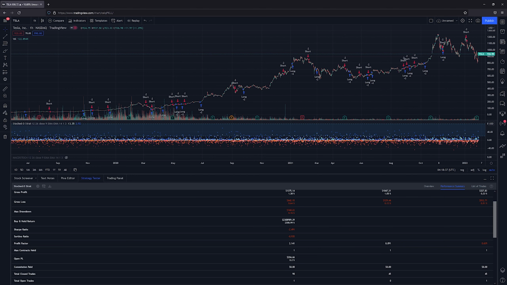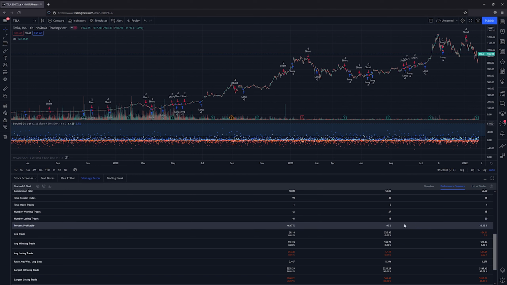If we added a moving average to kind of tell us what trend we were in, that might be a way to kind of mitigate some of these losses. Or this might just be a bullish strategy, and so we might want to turn it off whenever we are in a bearish market. That might be what this percent profitable is telling us.